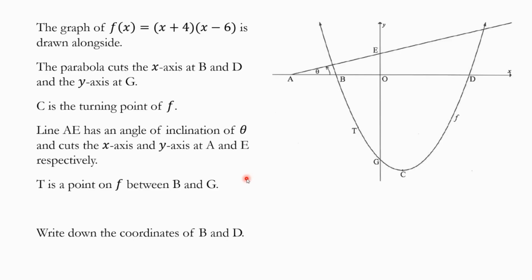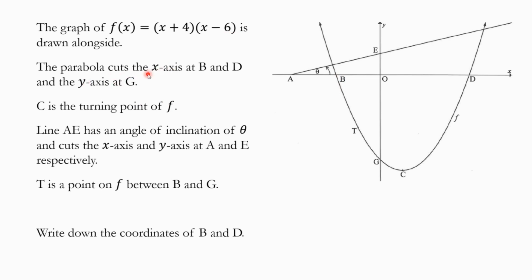Hello, smart mathematicians. We are doing question 7 and we're going to start with question 7.1. Let's go through the information. The graph of f of x, which is this graph, the parabola, is equal to (x + 4)(x - 6), is drawn alongside.